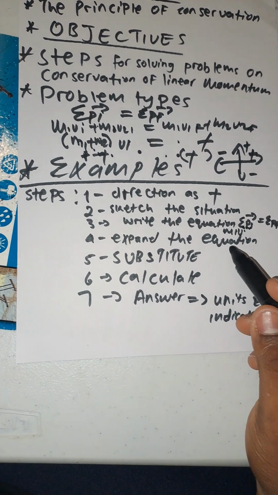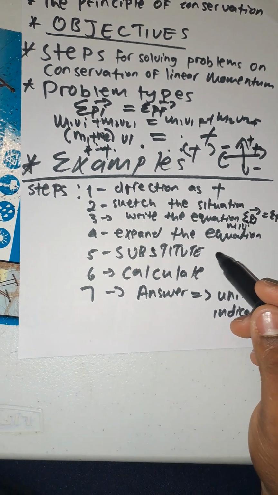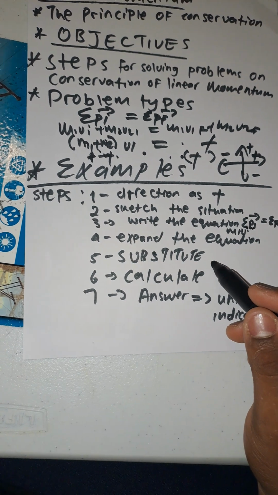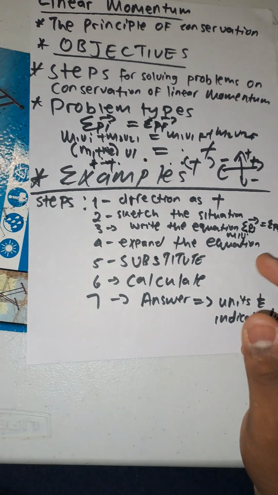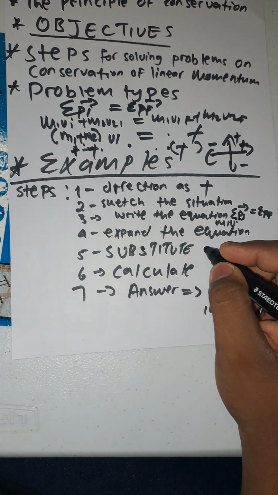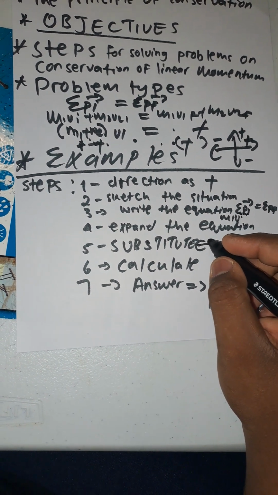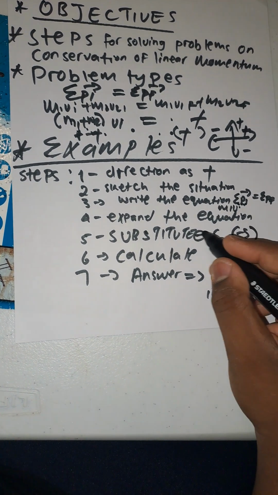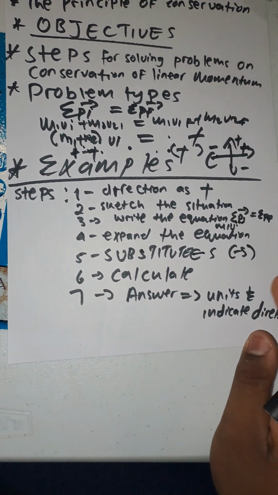Number 5, you substitute. You put in the values, and remember to check the direction of the object's velocity to use the correct signs. So be careful there. Sometimes they can say it was going to the west, so don't put 5, just put -5, because west is negative.